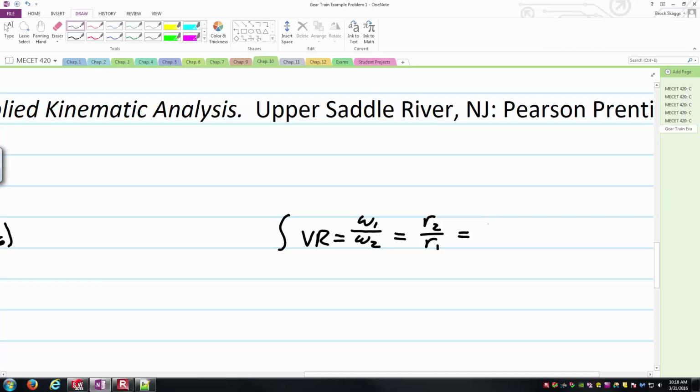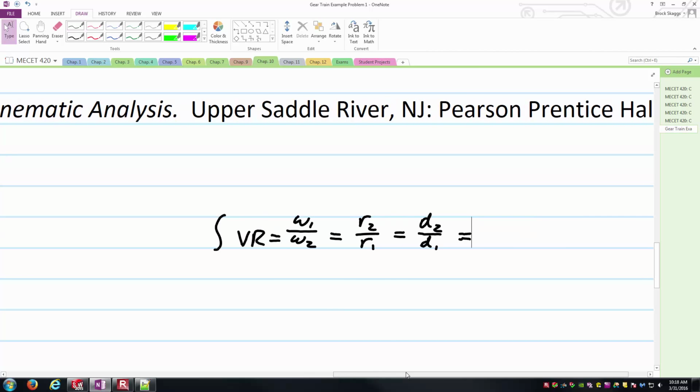Or it'd probably be easier to deal with the diameters, so that would be D2 over D1, where of course the pitch circle diameter is just twice as large as the pitch circle radii. Or even more convenient would be the number of teeth. And so we could write this as N2 over N1 as well.